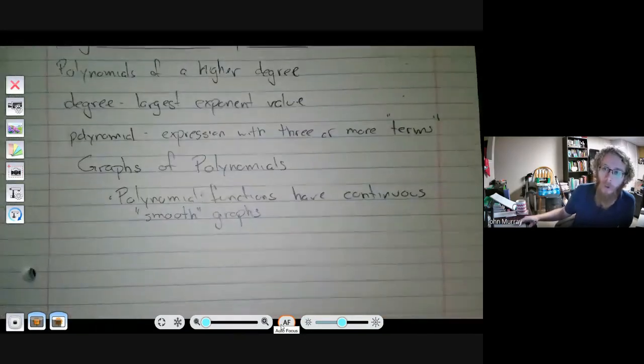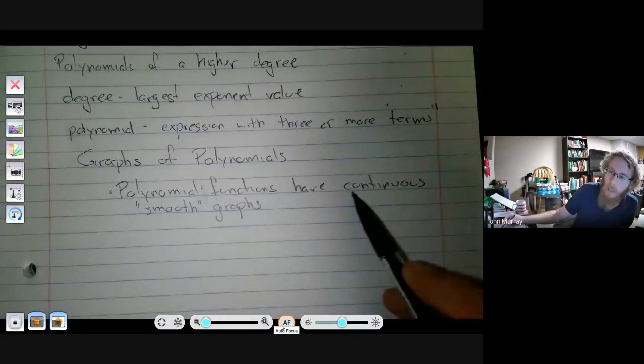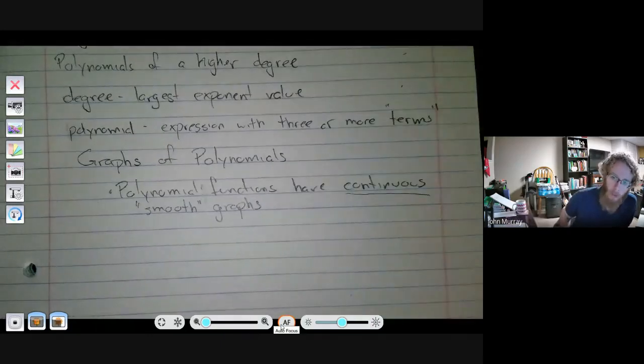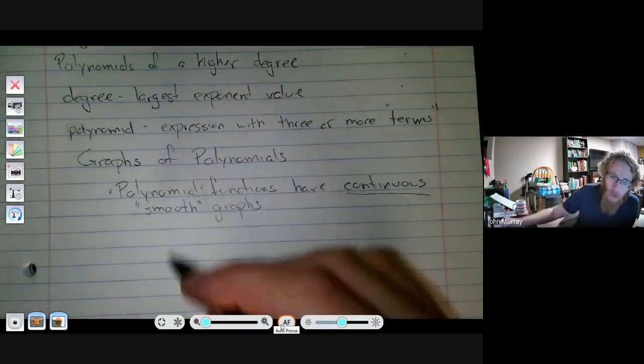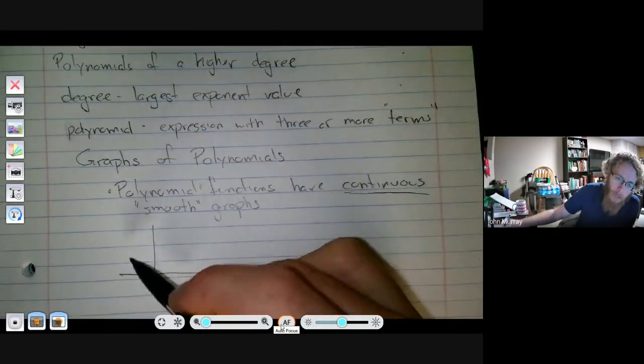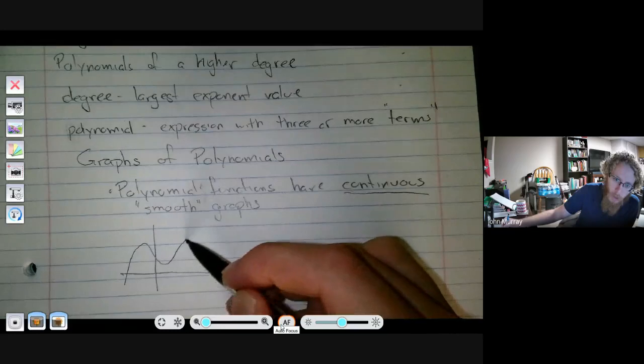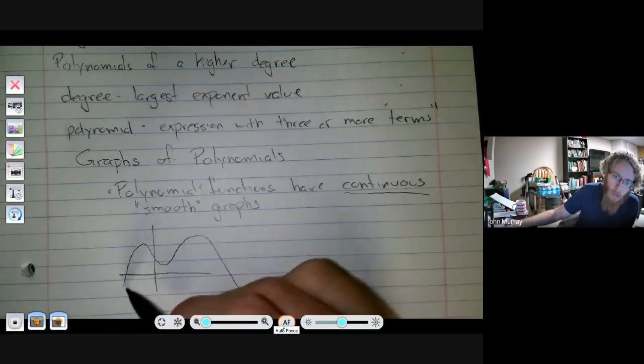Okay, so with graphs of polynomials, there's kind of two ways that we can classify them. We can say that they are continuous, which is a term that you'll be seeing later on at the end of the year and in AP Calculus. So continuous is just kind of what you think. It's a line or a curve that doesn't have any jumps or holes in it.